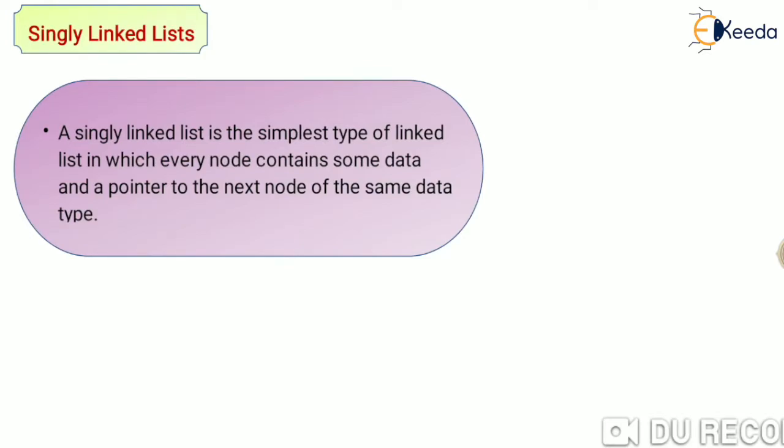Like here, we are storing the data at the beginning, in the middle, at the end, and in a similar manner, we are deleting from the beginning, from the middle, and from the end. So it is a systematic insertion and deletion technique inside the singly linked list.